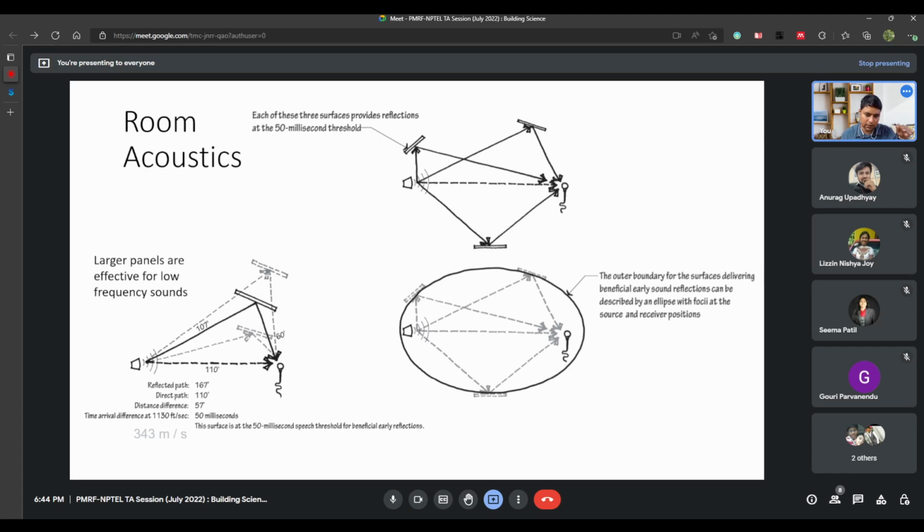The difference between the direct sound and the reflected path is 57 milliseconds, which is a little beyond the acceptable limit for speech purposes, but it is very much acceptable in the music case.